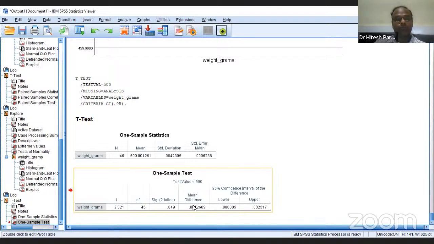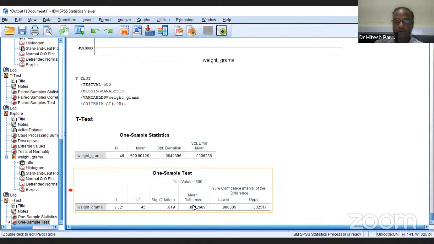0.049. We reject the null and it is concluded that there is a significant difference between the sample mean and the benchmarking value. Our sample mean, which is 500.001, is statistically significantly different from 500. Why did that happen?